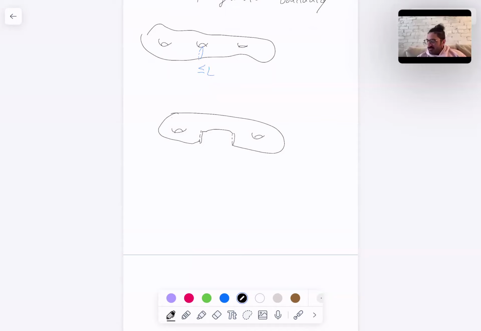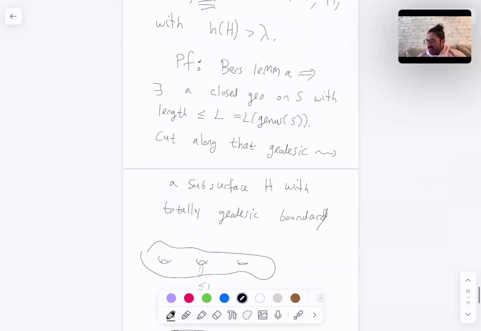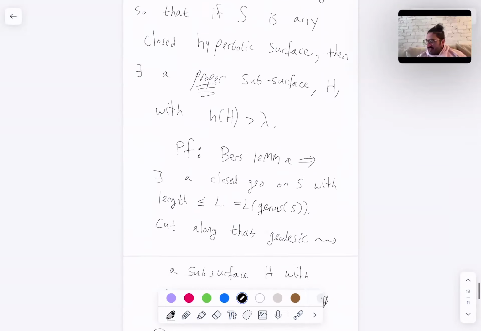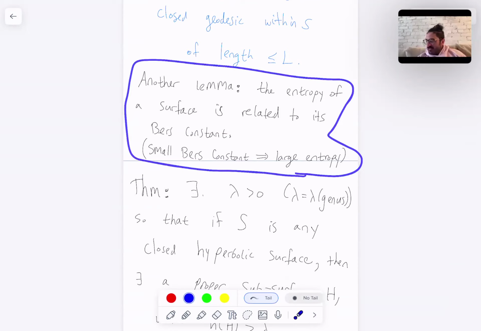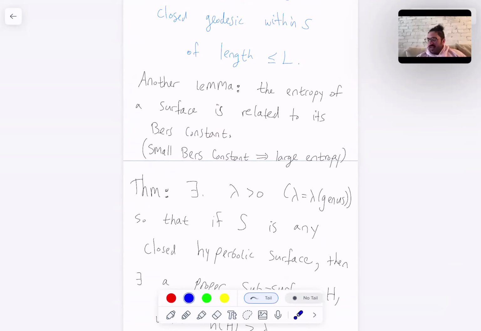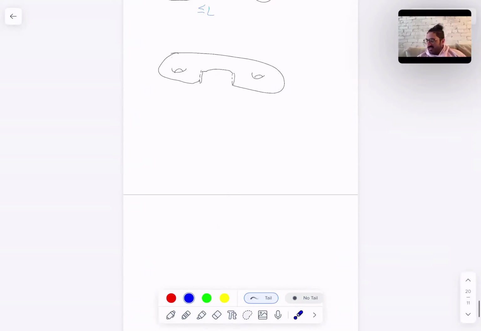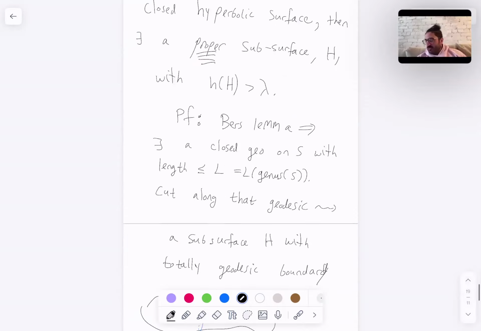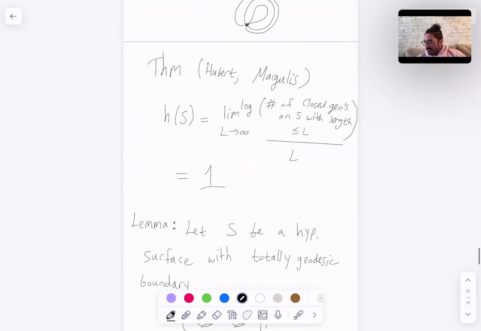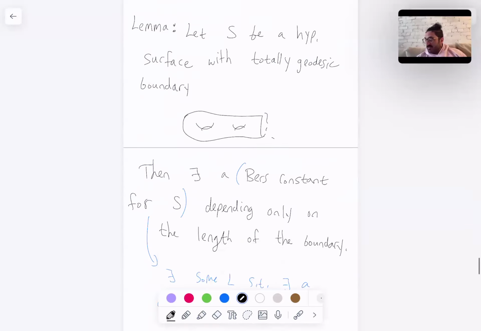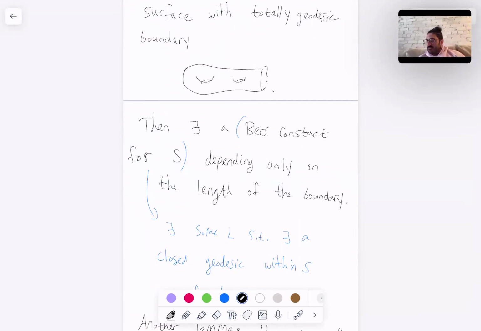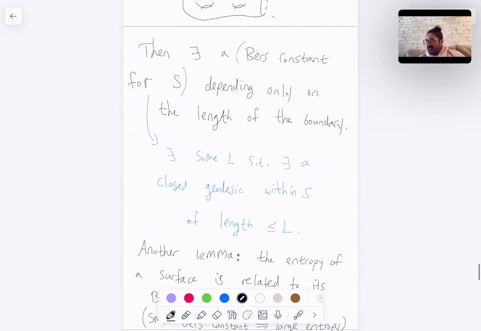So now we just apply this final lemma, which says that I can get a lower bound on entropy when I have a small Bers constant. There's one other lemma that we also stated, which is that when you have a surface with totally geodesic boundary, there is a Bers constant whose size depends only on the length of your boundary.